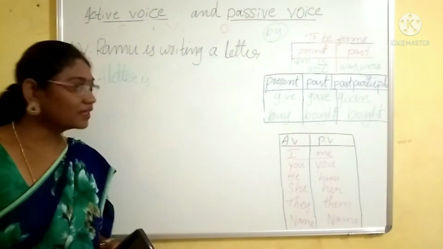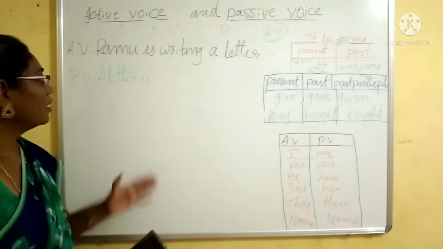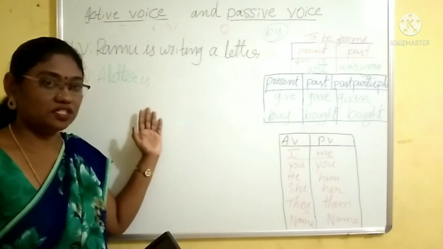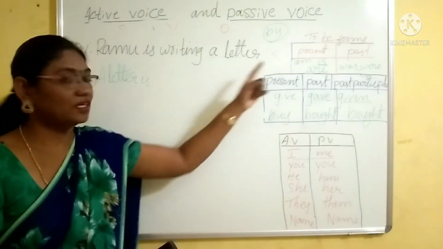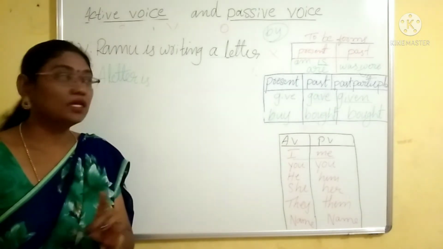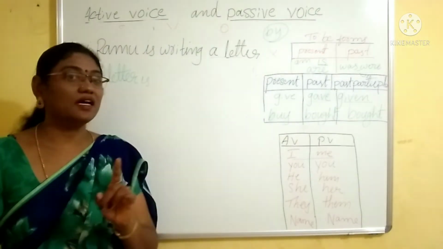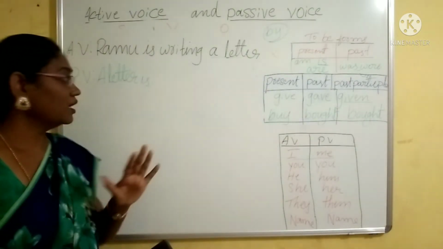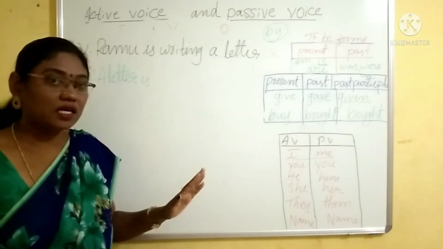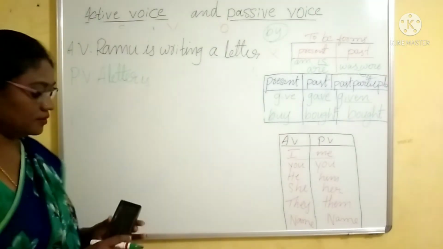Should we select any to be form here? No, not necessary, because a helping verb is already there in the sentence. You have to remember this: we select to be forms when there is no helping verb in the sentence. If the helping verb is already mentioned, we need not select a to be form. Write is as it is.